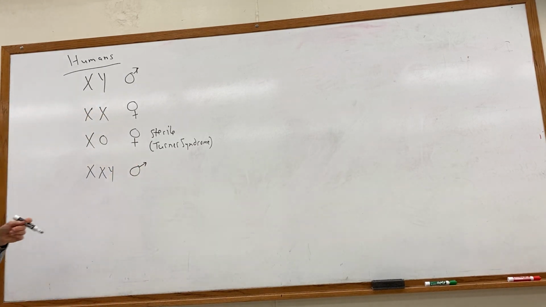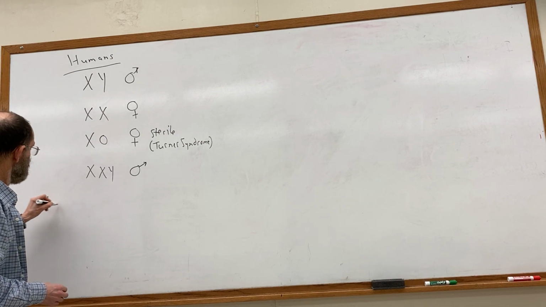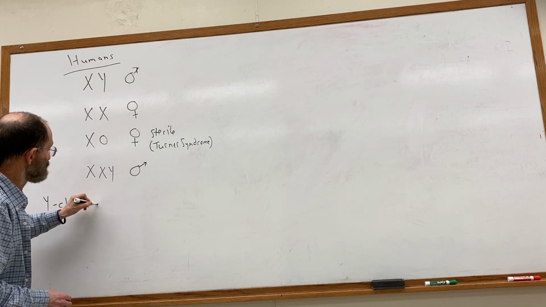So what is it then that determines biological sex in humans? Chromosomes? Well, chromosomes. The absence or presence of the Y chromosome? Yeah, the Y chromosome, right? So the Y chromosome determines the sex.